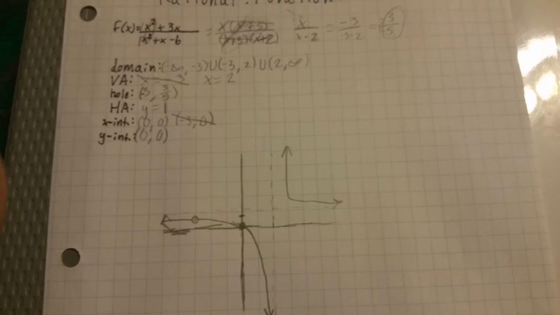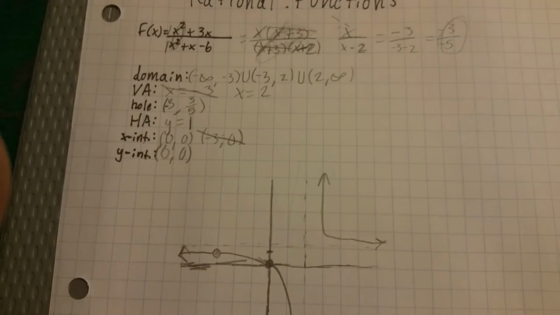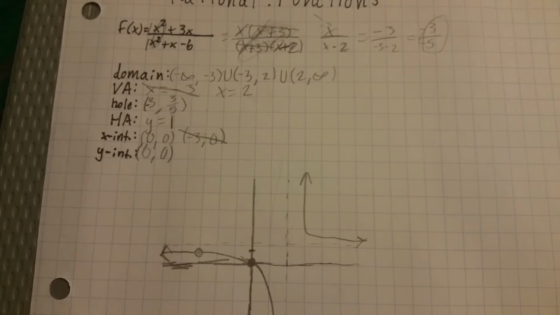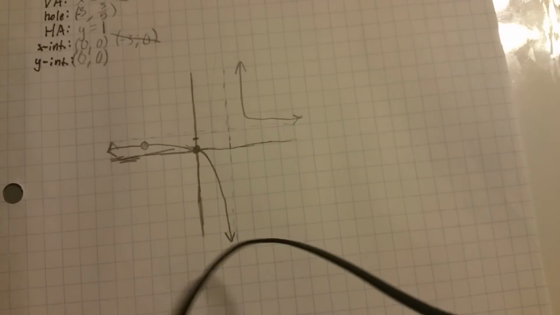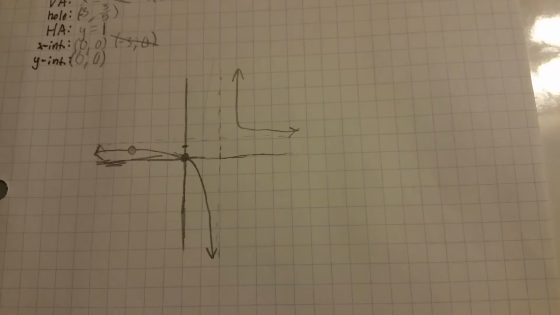There are minor differences, like when you have two vertical asymptotes, the lines get really weird. And yeah, that's how it's done.